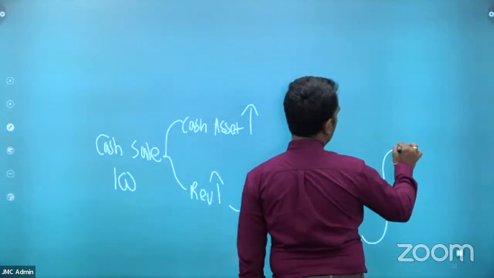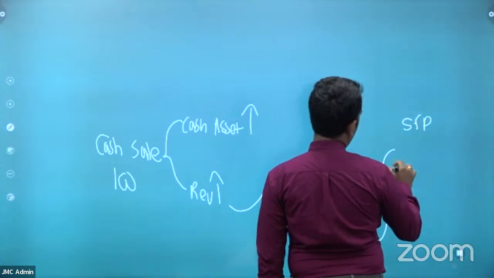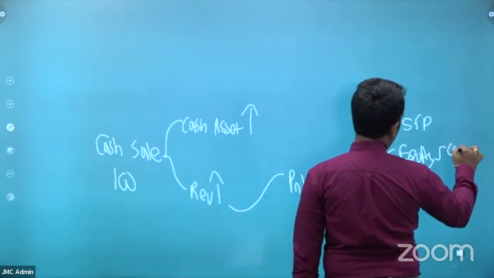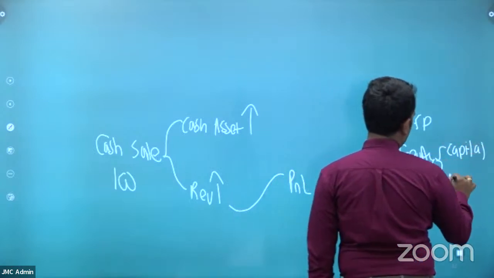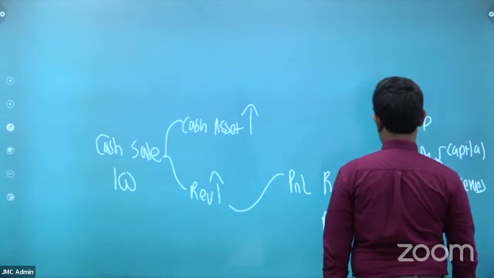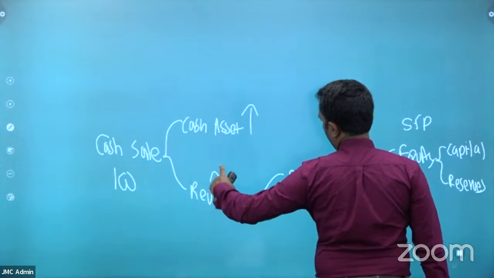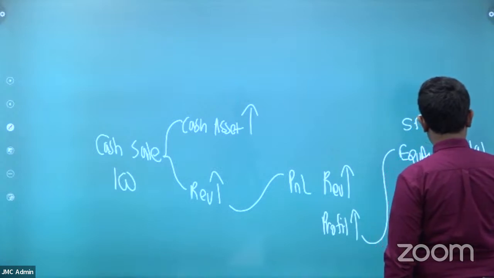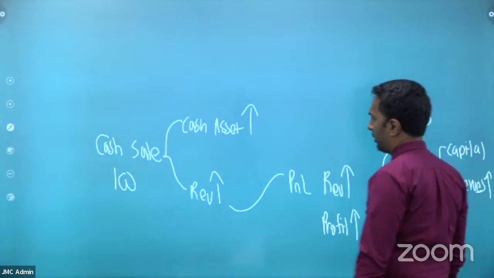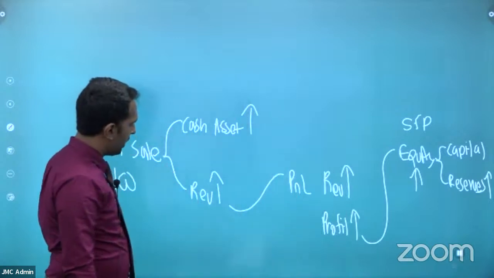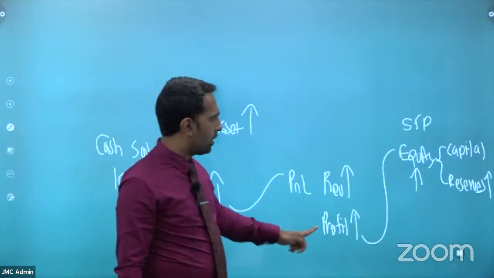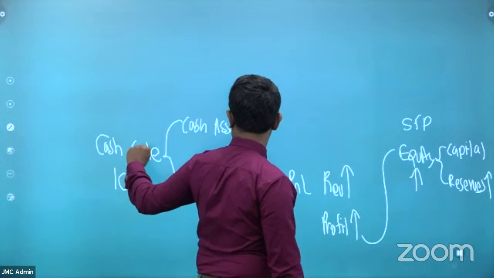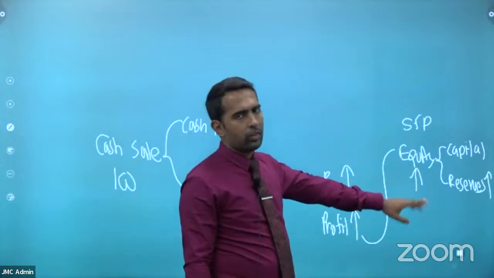This profit will then be taken to the statement of financial position, and inside equity we have the capital, and the other one is reserves, your remaining profit. Because of this cash sale, revenue went up, profit went up, reserves went up, and equity went up. So ultimately, because of this sale transaction, equity went up.